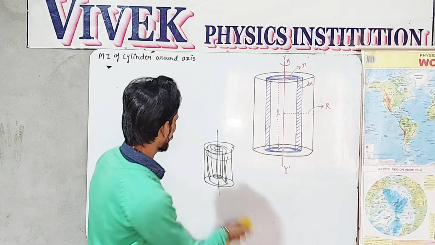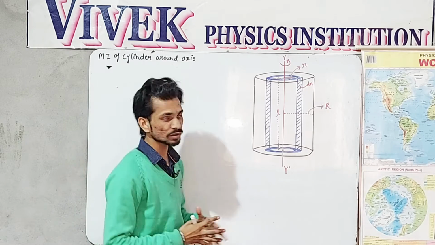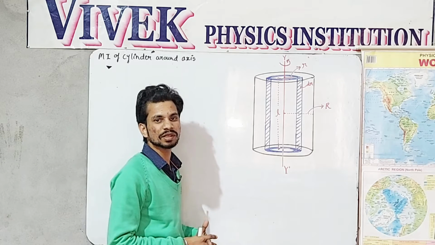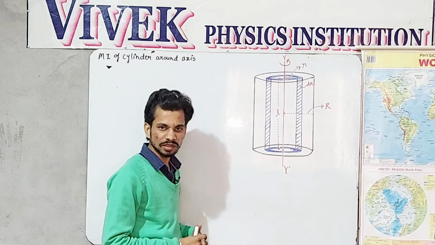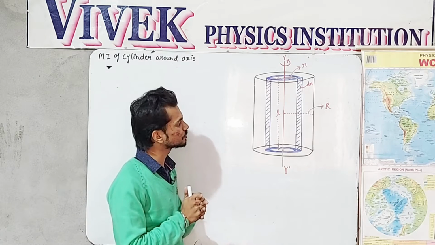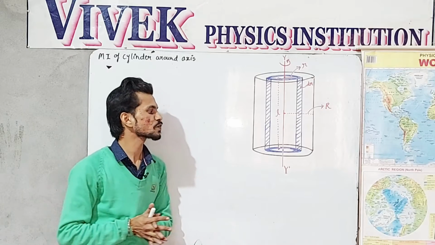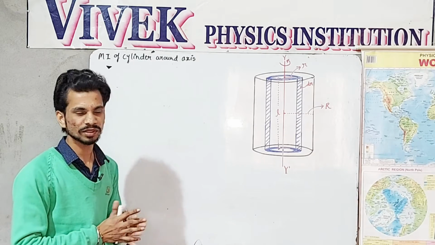I have shown the particular cylindrical shell in blue color. So in the diagram, the blue cylindrical cell is taken to find the moment of inertia of the cylinder.